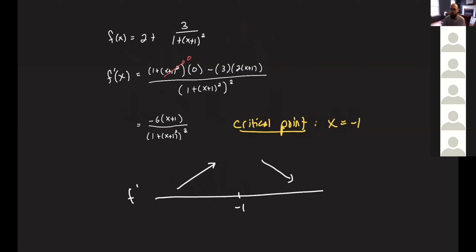So what we should see here is my function from -infinity to -1 is increasing to this point, and it's decreasing afterwards. So I should see that I have a local max at that point at -1. Right, so the first 2 parts here, we do see that we have this local max, right?